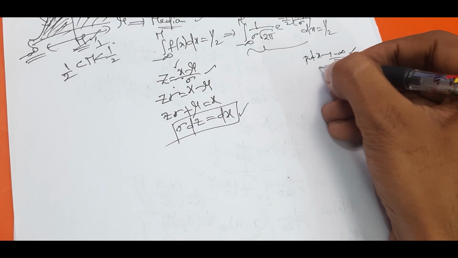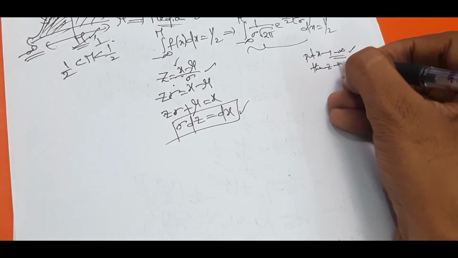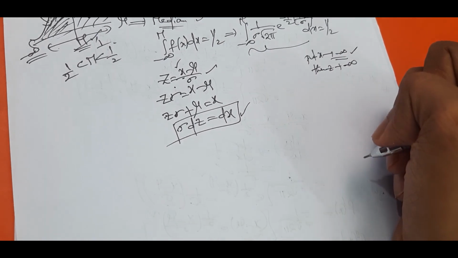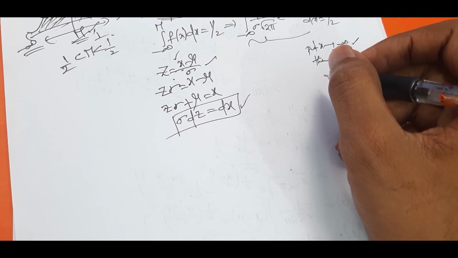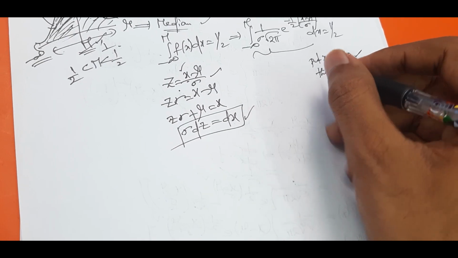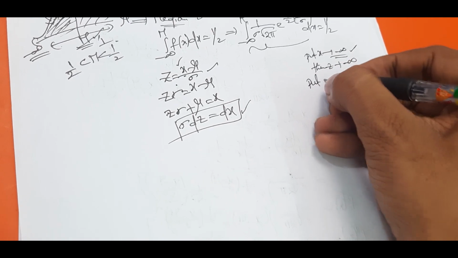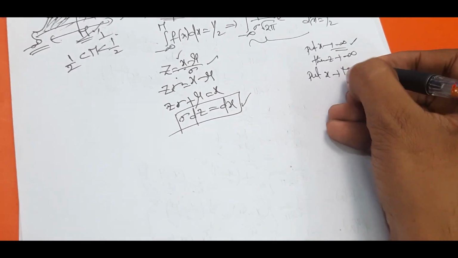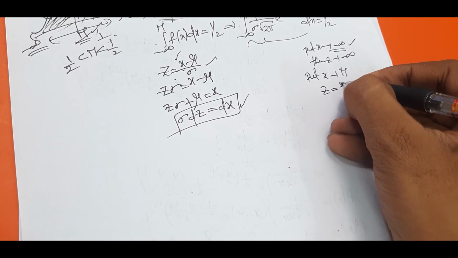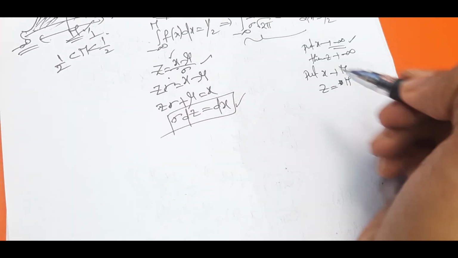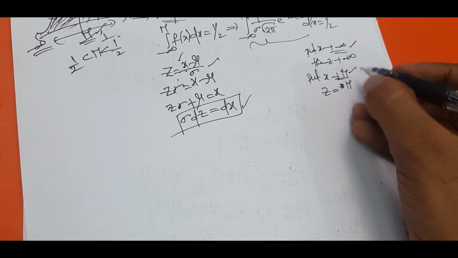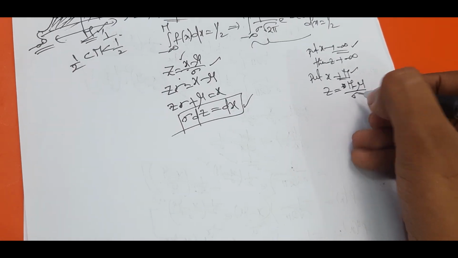Then z also tends to minus infinity. Now, in place of x, put x tends to m, so z will become m minus mu divided by sigma. We replace x with m.